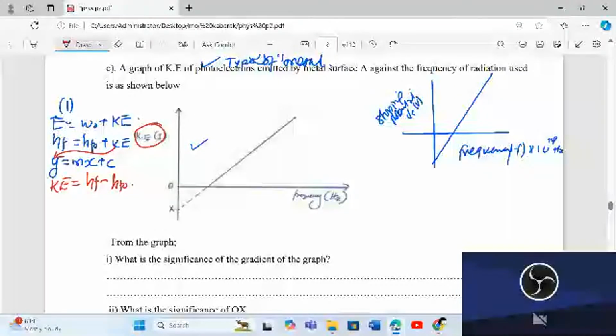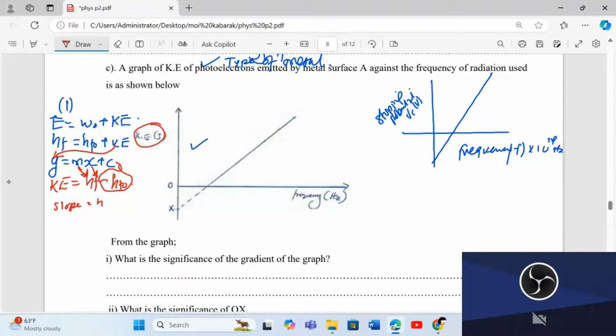Then our x will stand for f, our m will stand for h, and our c will carry the whole of this part. Therefore, we can say our slope in this case gives the Planck's constant.